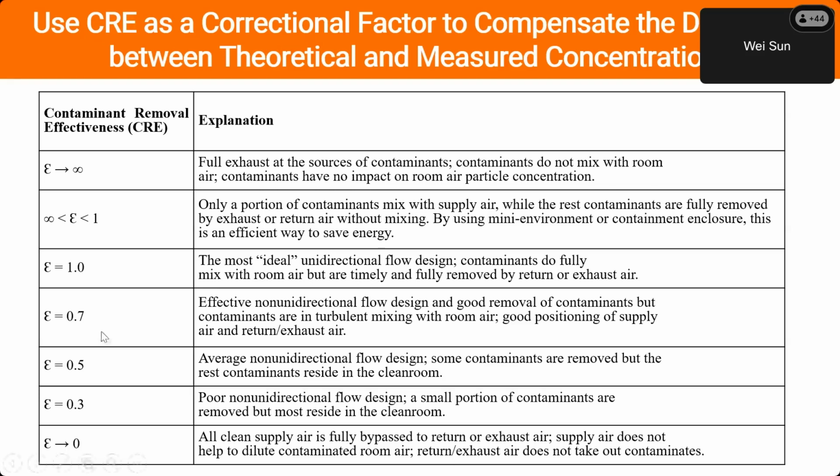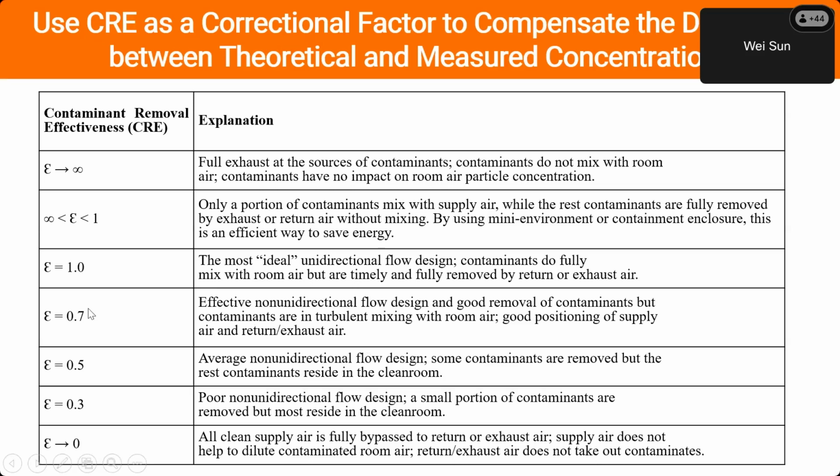So if the effectiveness is, let's say, 0.7, that is effective unidirectional flow with good removal of contaminants, but contaminants are in turbulent mixing with the room air, with good positioning of supply and return air.